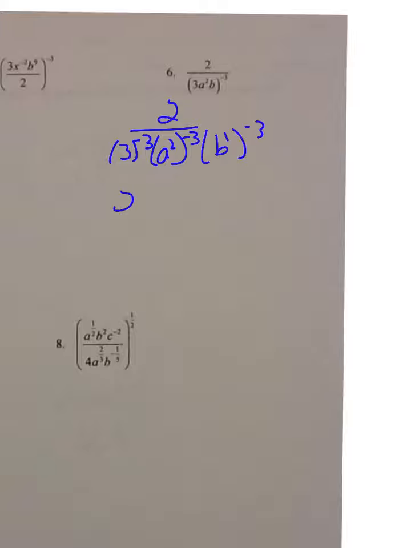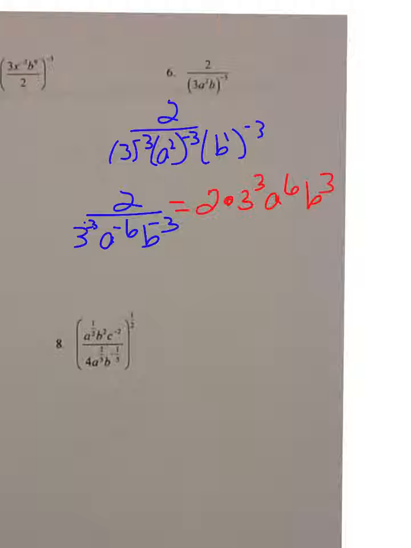So that's 2 over 3 to the negative 3, a to the negative 6, b to the negative 3. Everything in the denominator has a negative exponent, so it goes into the numerator. So it's 2 times 3 to the 3rd, a to the 6, b to the 3rd. 3 to the 3rd is 27, so 2 times 27 is 54, a to the 6, b to the 3rd.